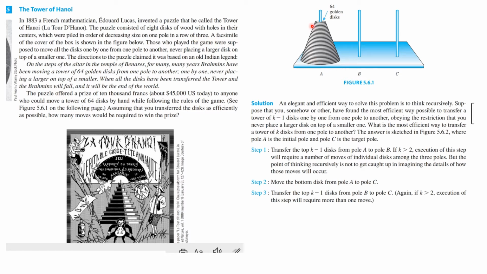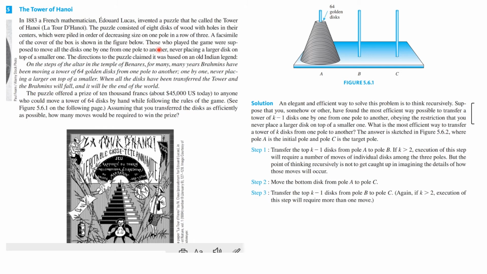So it looked like this. Now actually in his little game, he did not have 64. He had only 8. A facsimile of the cover of the box is shown in the figure.